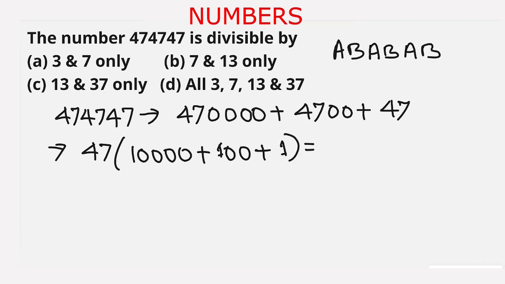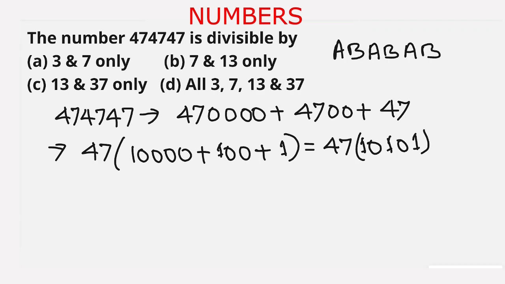Then this is equal to 47 into 10101, and this number 10101 is divisible by 3, 7, 13 and 37.